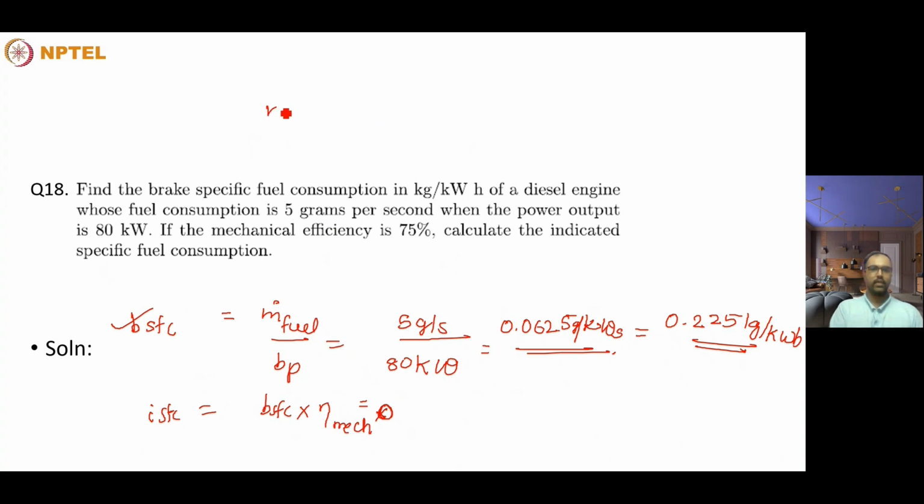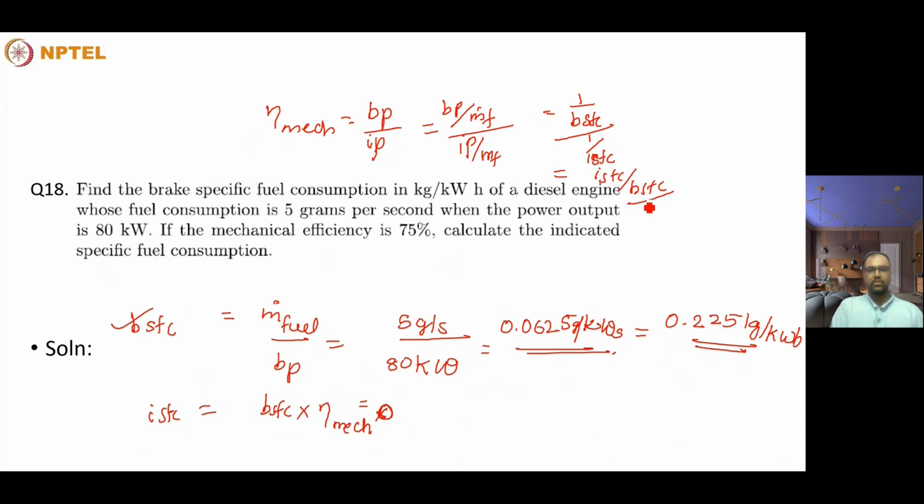The mechanical efficiency formula is brake power divided by indicated power. So this can be written as brake power divided by mass flow rate of fuel, divided by indicated power divided by mass flow rate of fuel. So it will be equal to 1 by brake specific fuel consumption divided by 1 by indicated specific fuel consumption, that is equal to ISFC divided by BSFC.